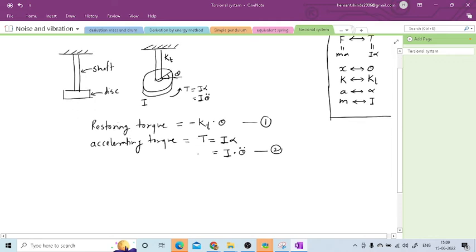When we write these two equations, then for the equilibrium condition, the accelerating torque will be equal to the restoring torque.